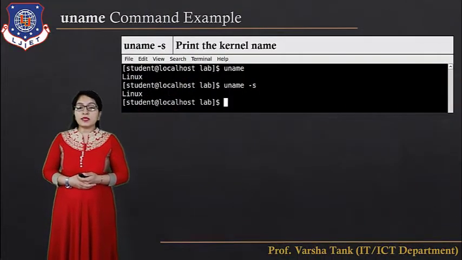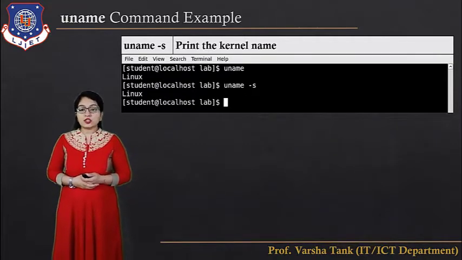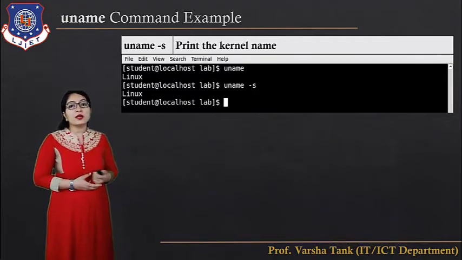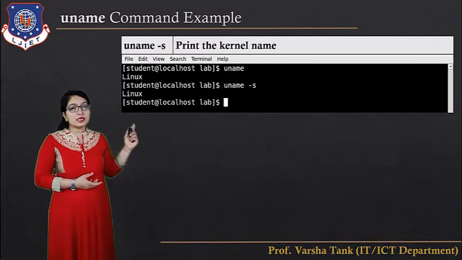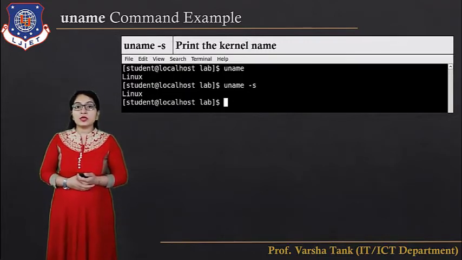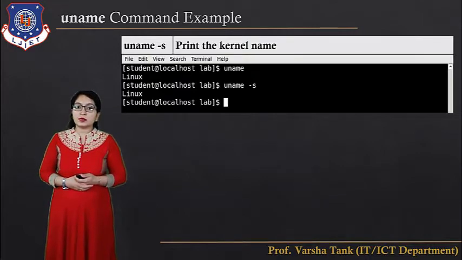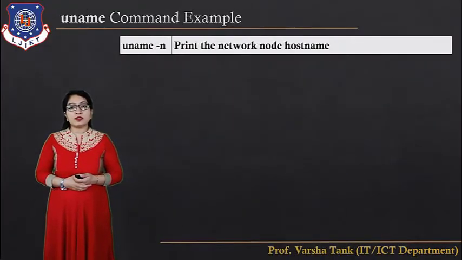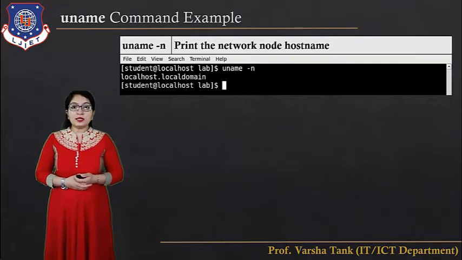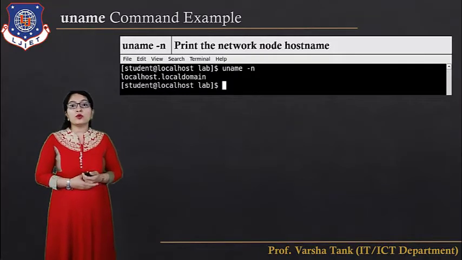So let's see some examples of this. uname -s means it will print the kernel name. So here you can see when you write this uname, it will display Linux. uname -s will display the kernel name, that is Linux. uname -n prints the network node host name.